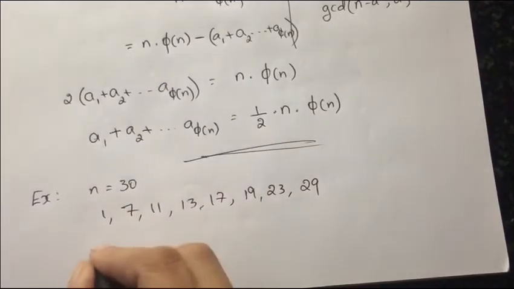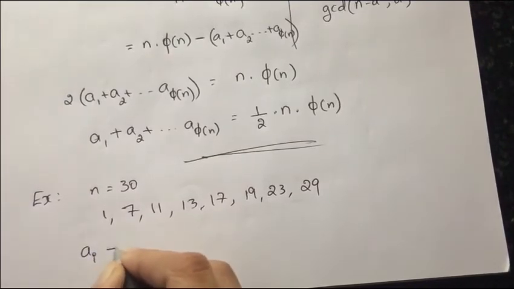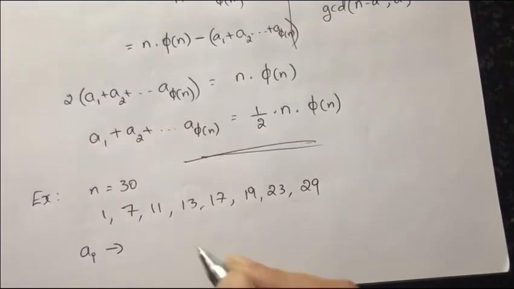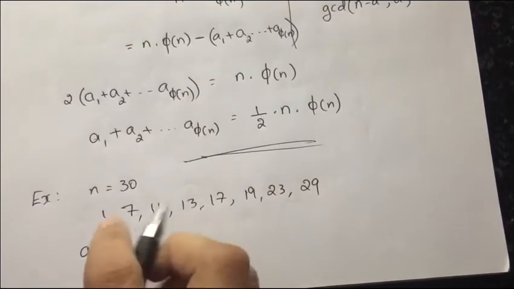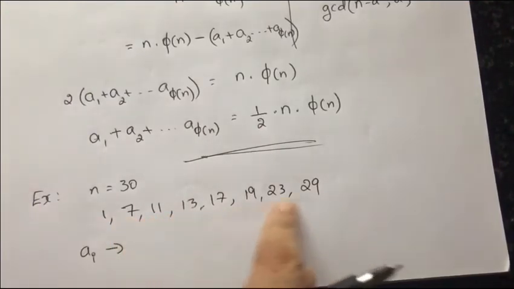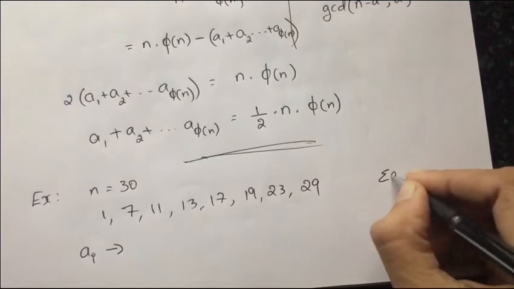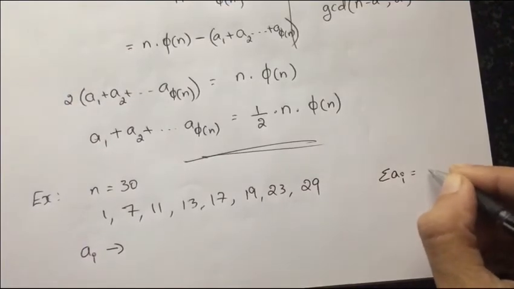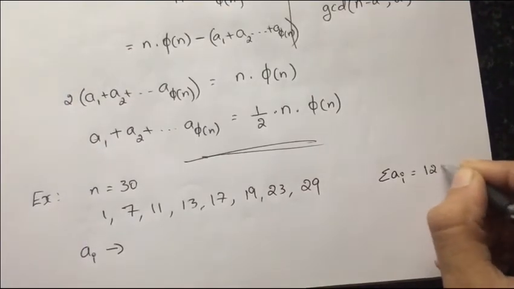Now take these ai. If you want the sum of all these ai, you are going to get 120.